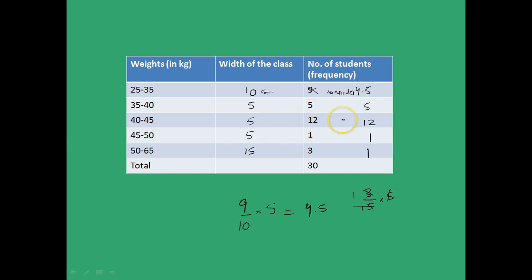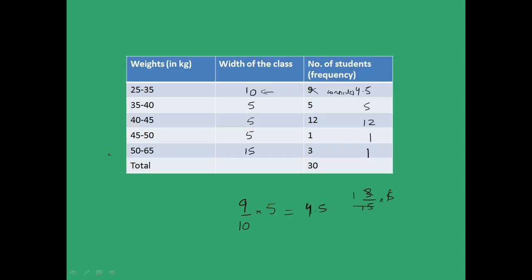So let's just plot out the histogram and see what I mean. So again we start with the y-axis, and on that will be the frequency or the number of students. Right?